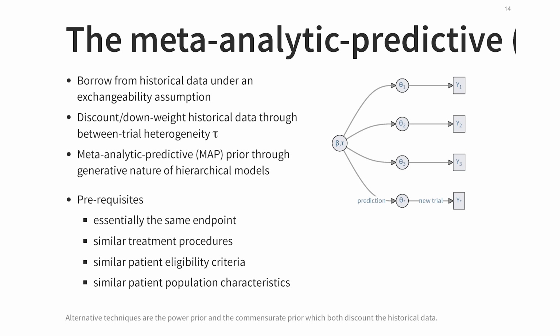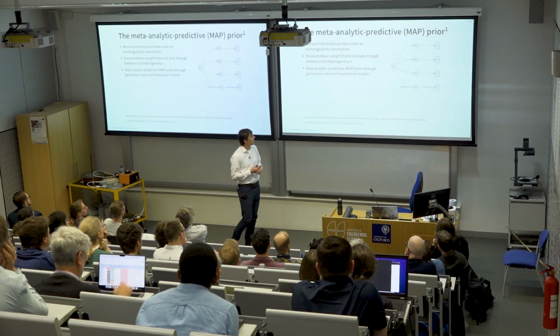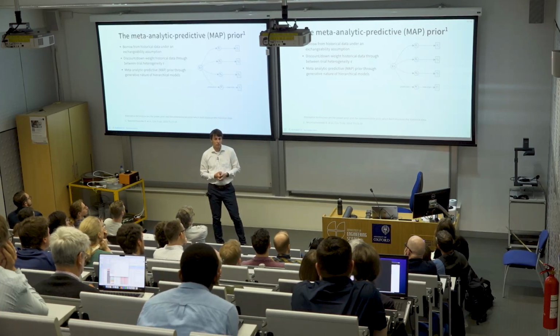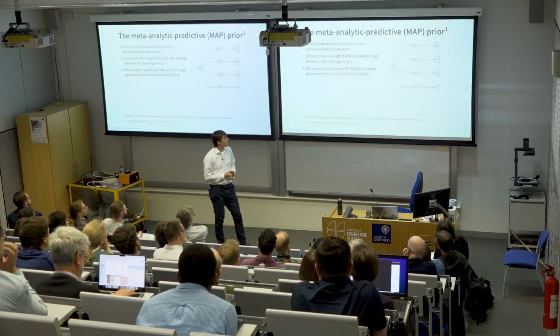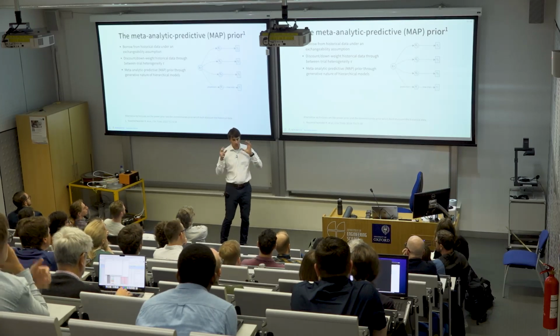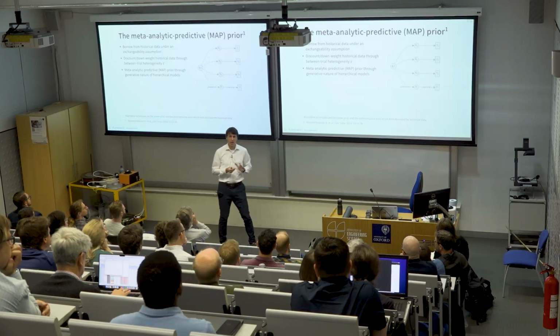We model these using individual control parameters and then say on a common scale these are linked to one another, typically using a normal distribution, under an exchangeability assumption so that we assume that we have a common population mean beta and a between-trial heterogeneity tau.